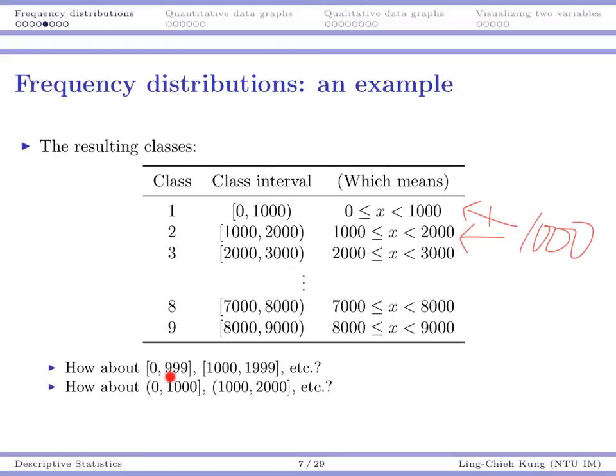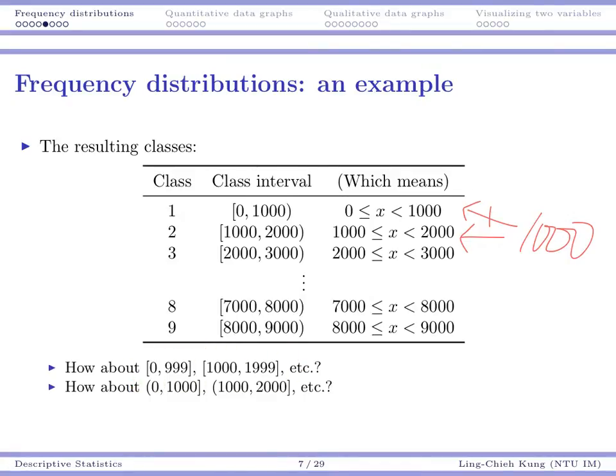This is okay for this particular set of data because every number is an integer. But if you have a set of data where numbers may be fractional, then this can be very dangerous because you don't know how to categorize 999.7. So this is not a very good way to describe your classes.